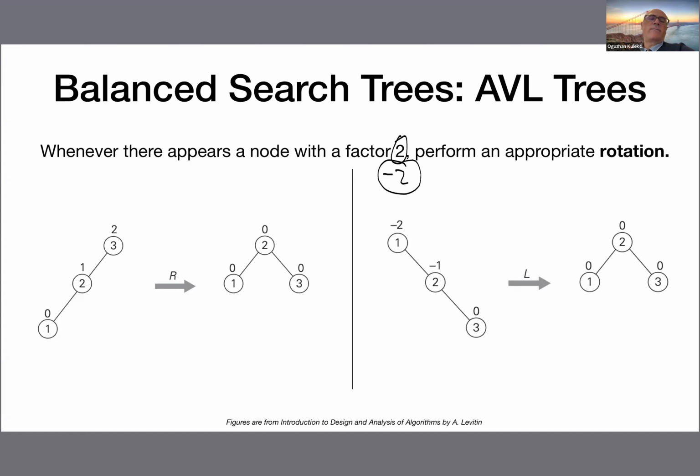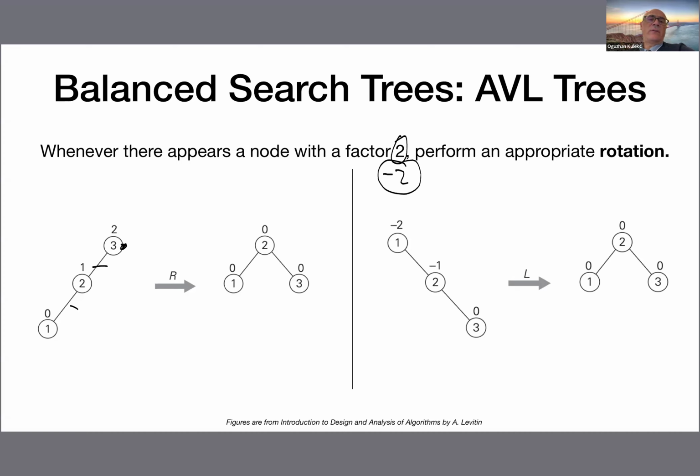Here, what is the balance factor of this node? There are 2 levels on the left and nothing on the right, so 2 minus 0 is equal to 2. But we know we do not want to allow 2. So whenever we have such a situation, what we do is called a right rotation.